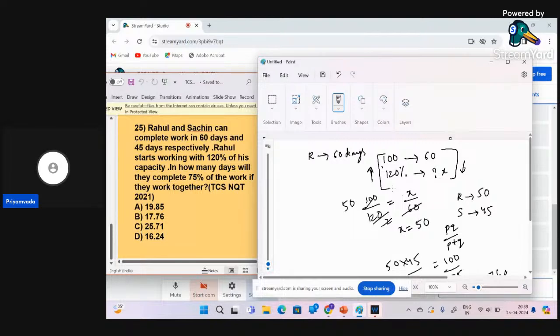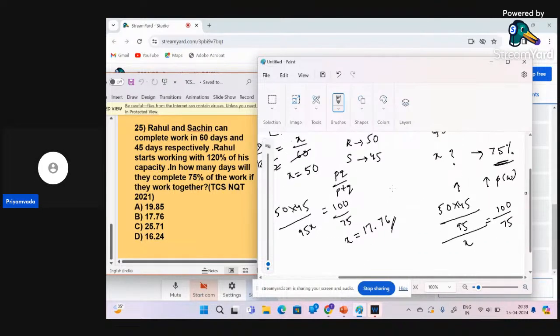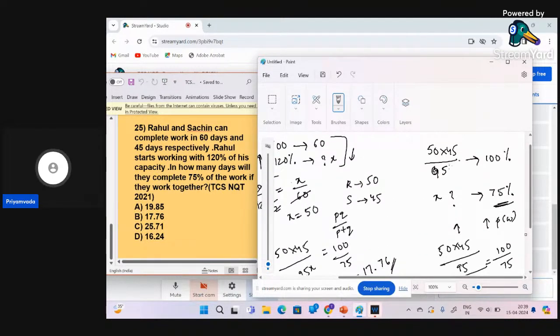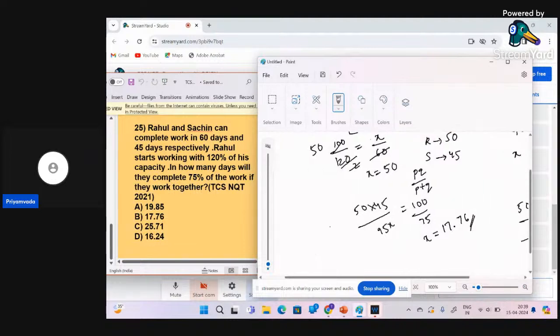We don't want to calculate the 100%. So 50 into 45 by 95 is 100%. Then in how many days will they complete the 75% of the work? And if we use this formula here, we will get x equals 17.76 as the answer.